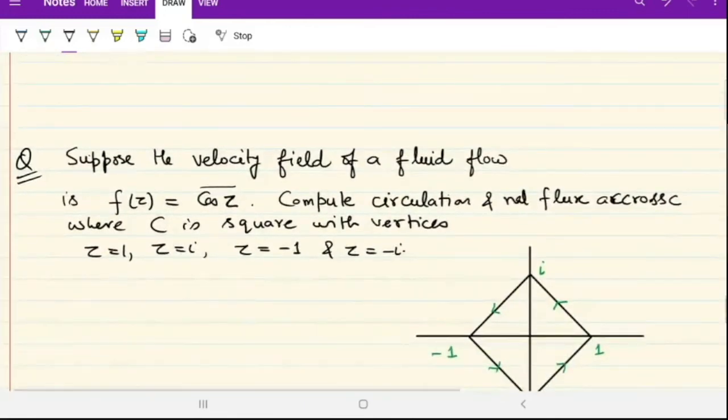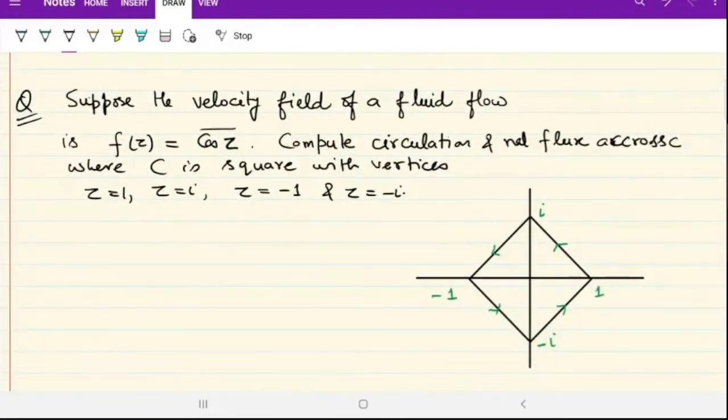This is the final example that I'll discuss. Here f(z) is cos z conjugate, and we need to compute circulation and net flux across C, where C is the square with these vertices. If you plot C, this is what it's going to look like.